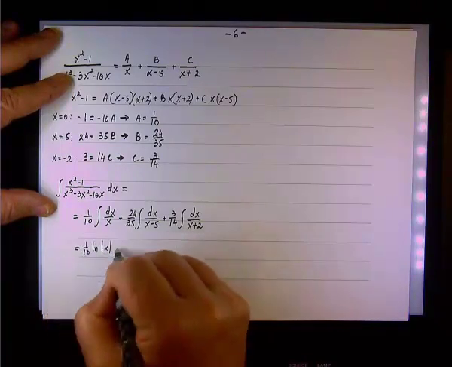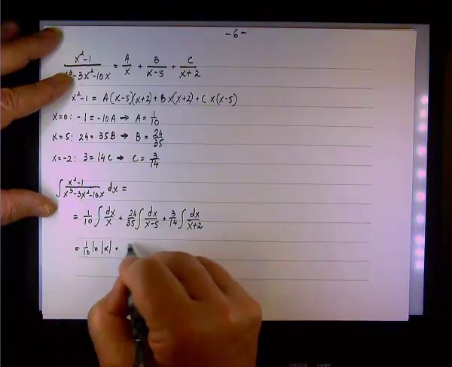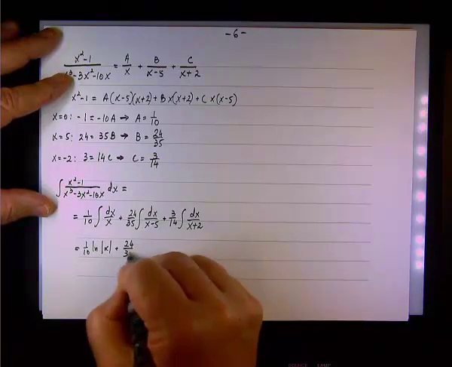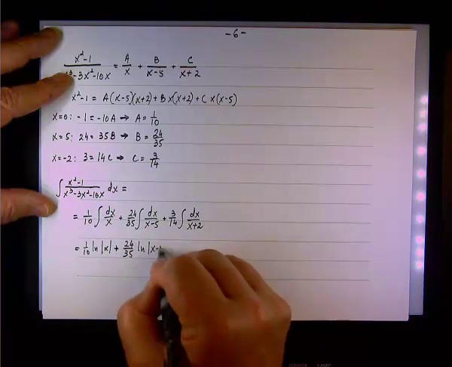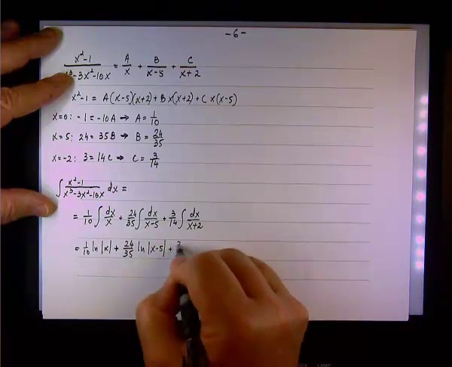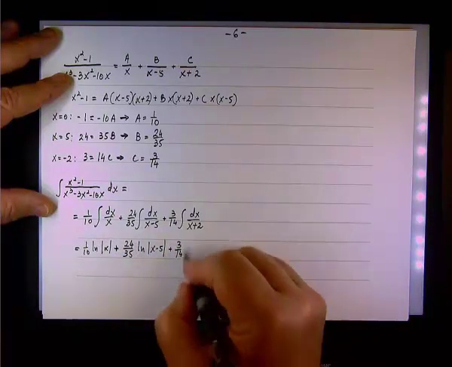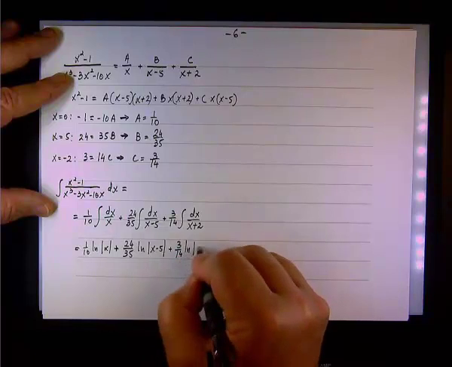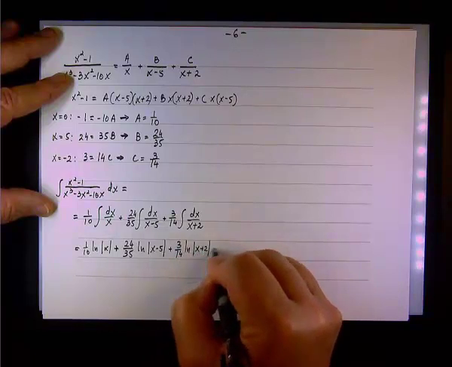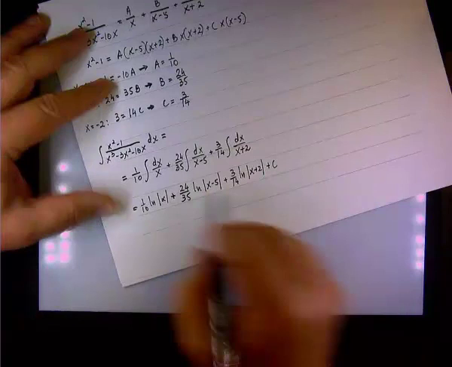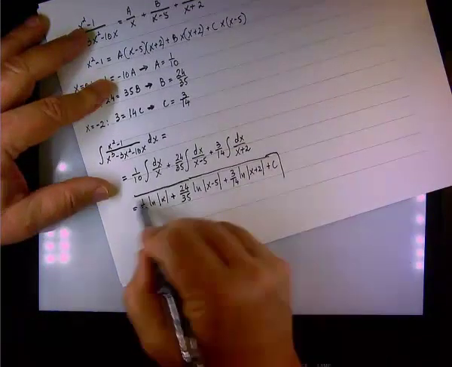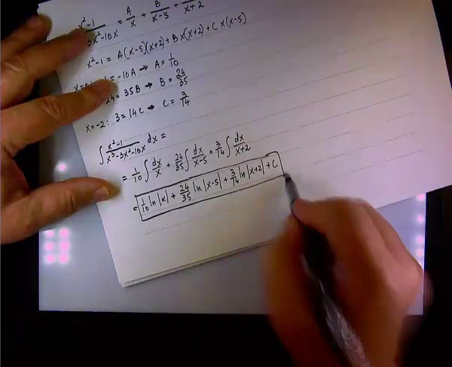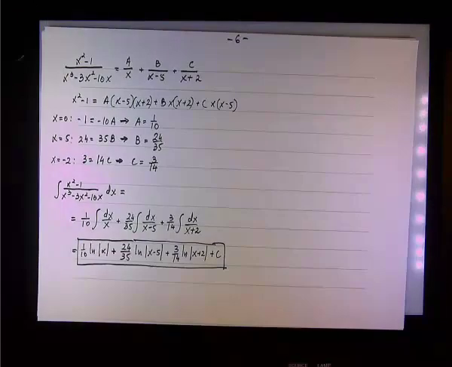And 3 over 14, integral of dx over x plus 2. Okay? So, 1/10 natural log of x, 24 over 35 natural log of x minus 5, 3 over 14 natural log of x plus 2, plus c.